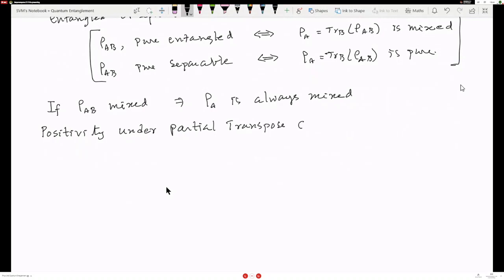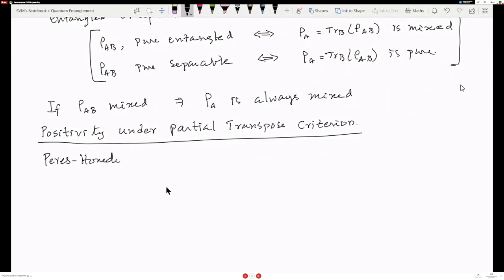Positivity under partial transpose criterion is also called the Peres-Horodecki criterion, because this criterion was initially proposed by Peres and then later Horodecki proved many things.